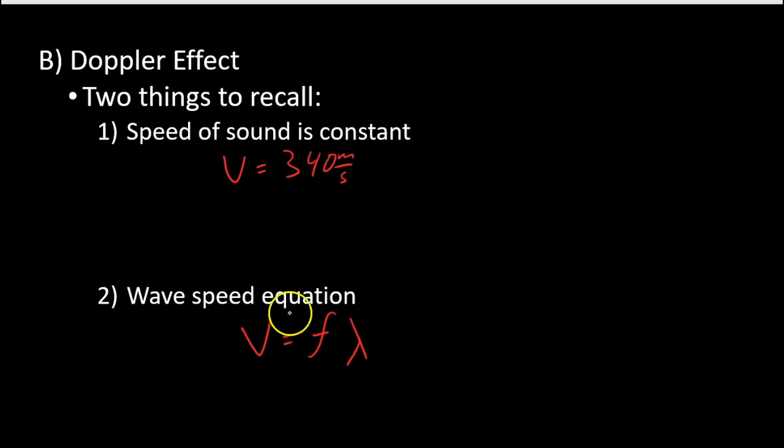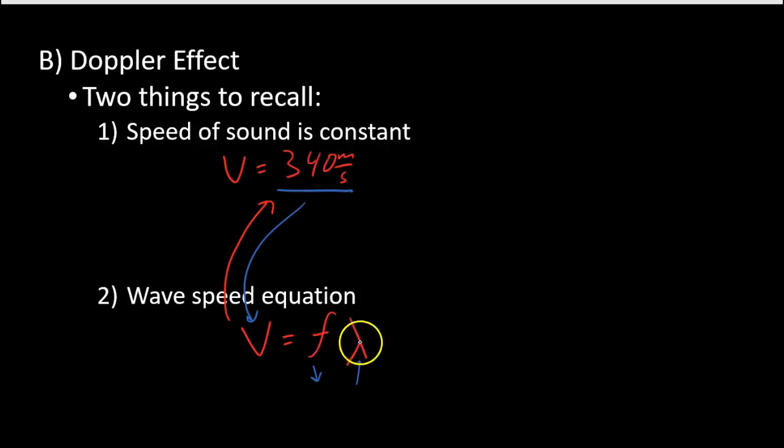And now let's realize what this equation means if the speed is constant. If this value right here on the left always has to be 340, then I have an interesting relationship between frequency and lambda. If the frequency of a wave decreases, the wavelength would have to increase because I always have to get to the same speed, that 340.